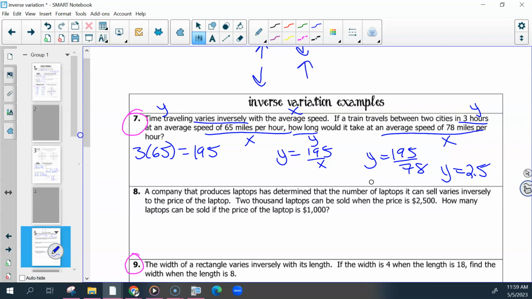We're looking for y, which was measured in hours. Questions on how we set that up, solved it, or got the answer?